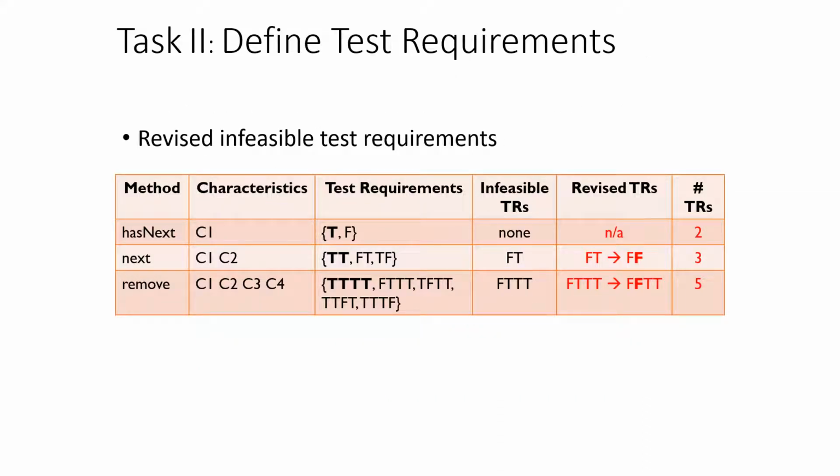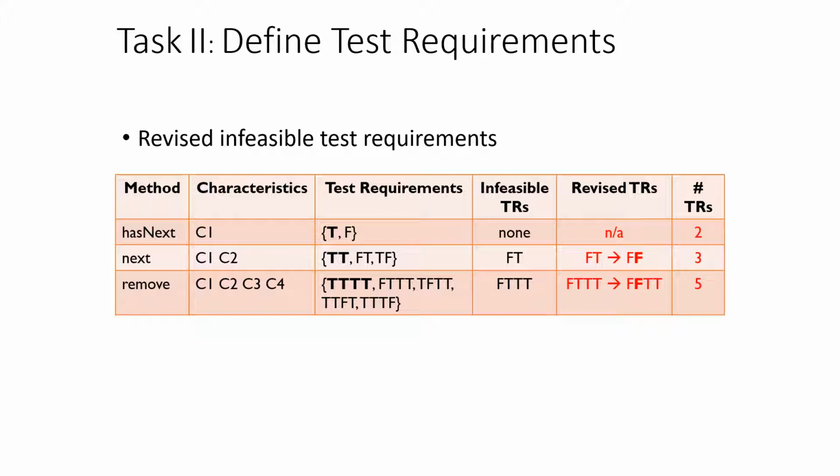The next thing we need to do is revise the infeasible test requirements. hasNext has none, but next has one. If C1 is false, the iterator is out of elements, so the iterator cannot return a not-null object reference, meaning C2 cannot be true. The same problem occurs in the second test for remove.